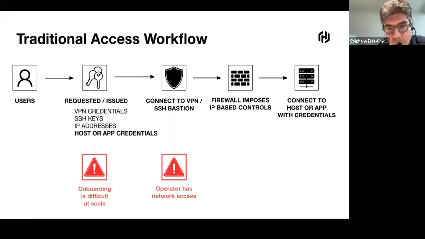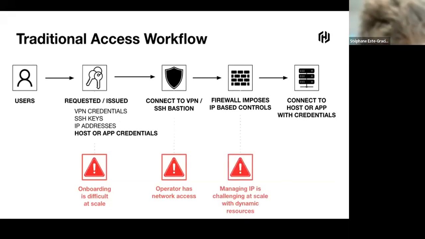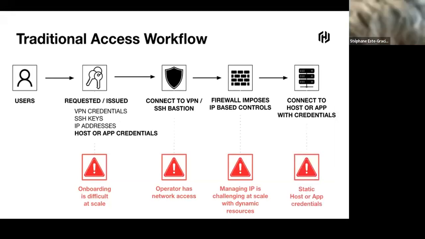Even if you have a firewall, it is IP-based, not user-based controlled. Then managing IPs becomes challenging when you scale with dynamic resources, especially in a multi-cloud environment. And static hosts or applications are traditionally shared with the users to connect to. So you see here all the issues you are facing with the traditional access workflow when you want to connect to the resources.